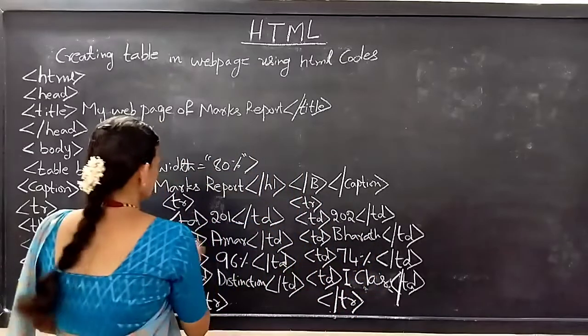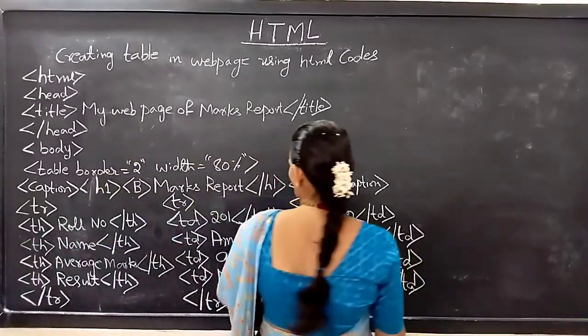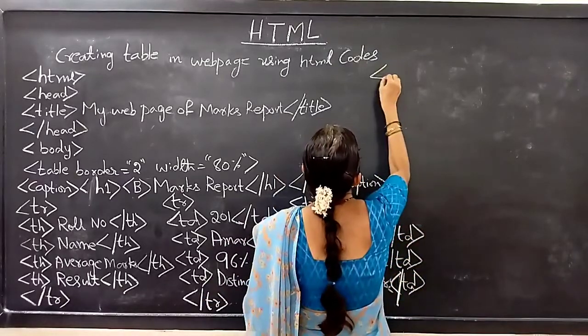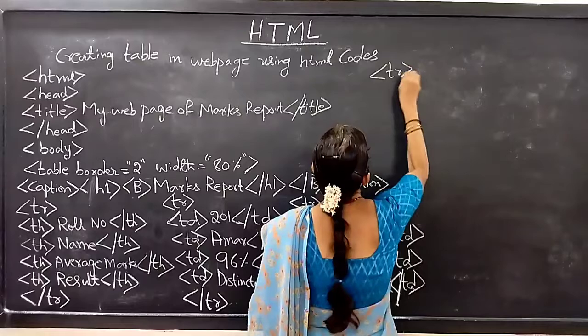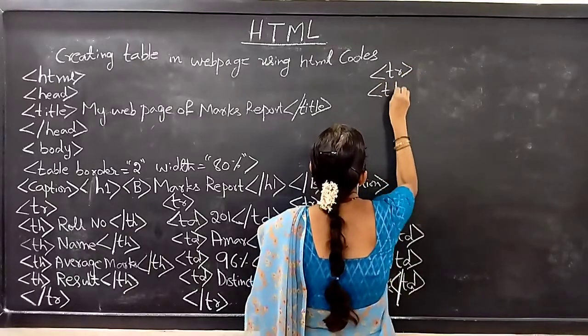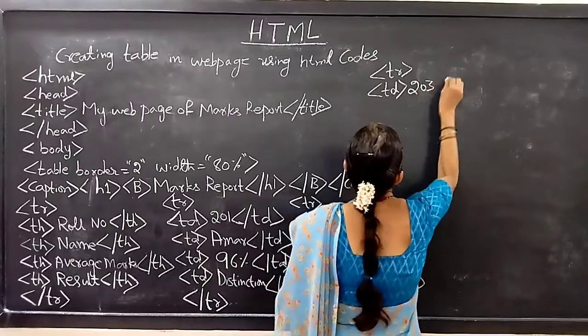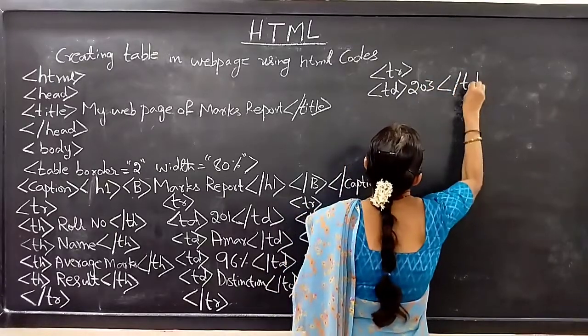We have finished writing the information of two students. We can continue with one more. So start writing TR, again write TD and write roll number 203 and write slash TD.